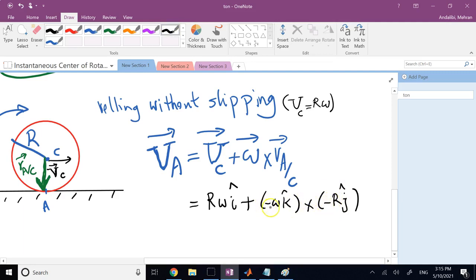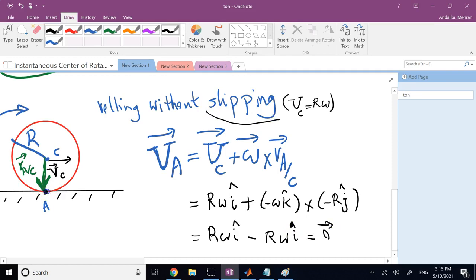Negative i. The two negatives would cancel. So you're going to get r omega i minus r omega i, which is 0. And it was completely predicted because you should not have any slipping. It means the contact point should not move at that point.